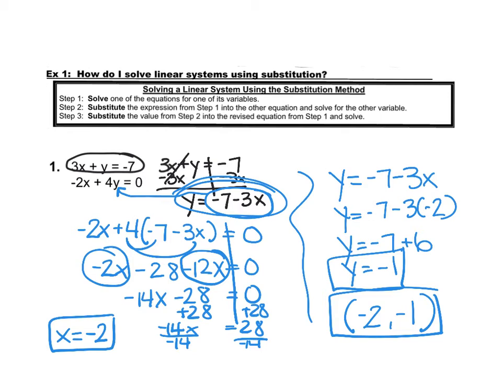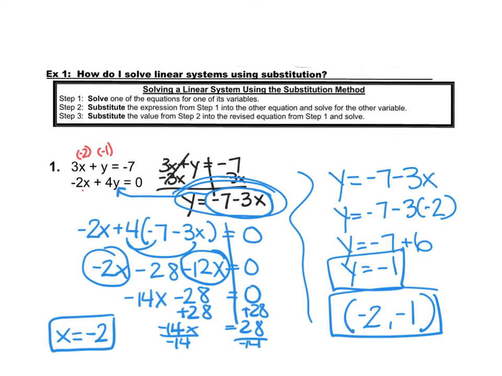Now, to double check your work, we could go back up and plug it in. Let's erase this. Whoops. Okay, so if we plug in negative 2 where we see x, and negative 1 where we see y, negative 2 times 3 is negative 6, plus negative 1, is that equal to negative 7?